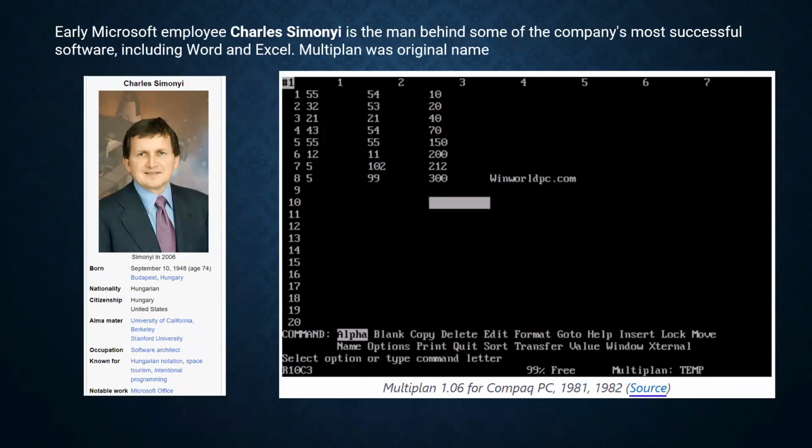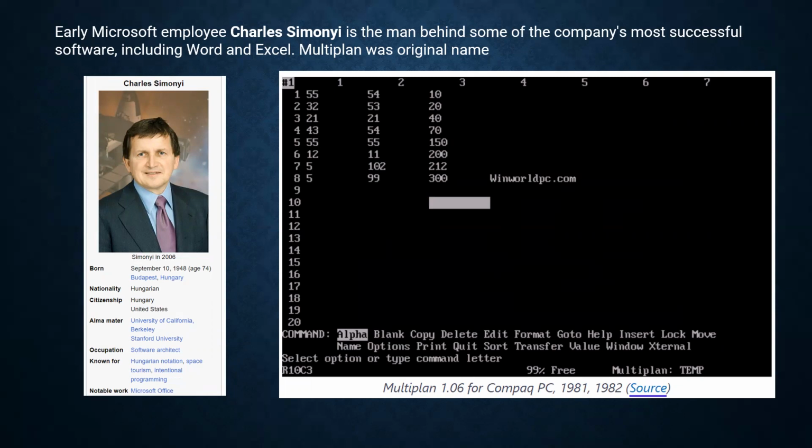Later, in the beginning of the '80s, early Microsoft employee Charles Simonyi was the man behind some of the company's most successful software, including Word and Excel. This Hungarian American software developer is, by the way, on the Forbes list of the richest people in the world. He is considered the father of Excel.